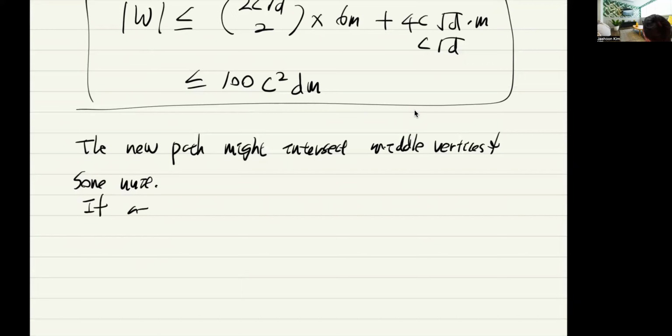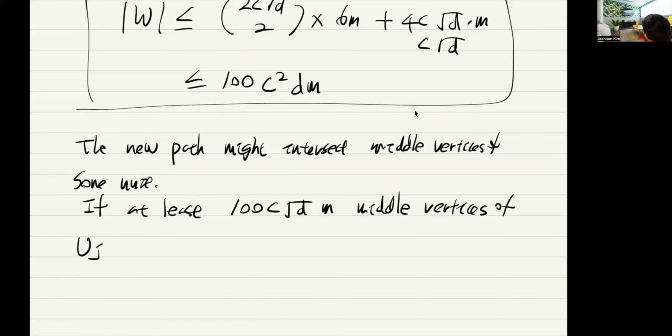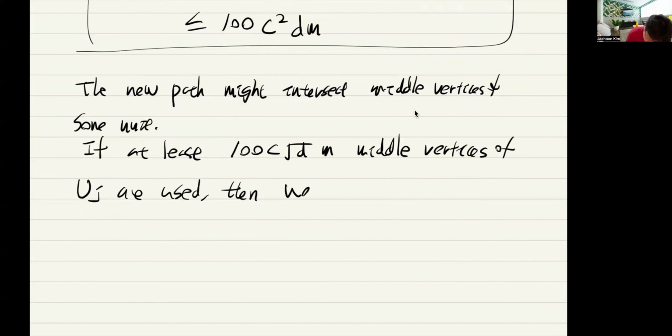And what we do is, if at least, say, 100 times c times square root of d m middle vertices of some U_j are used, we throw U_j away. So that's ruined, so we will not use it anymore.